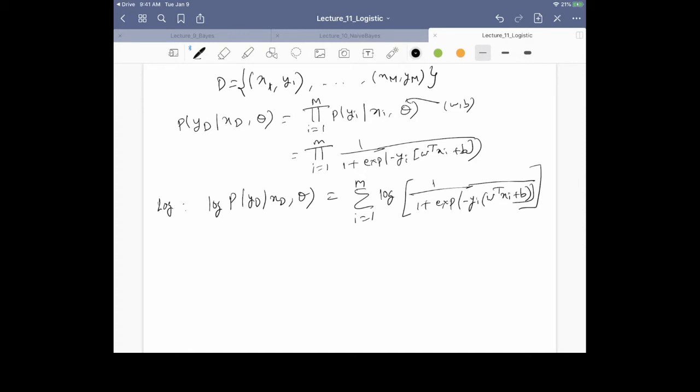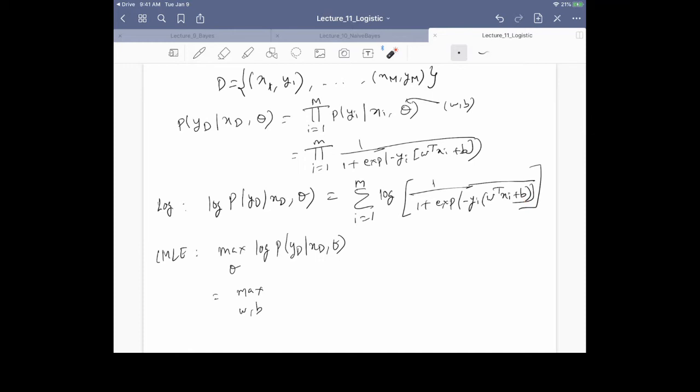And now we can look at the conditional maximum likelihood estimation problem as essentially trying to maximize the log of p of y given x comma theta over theta. And this becomes maximizing over w comma b this term, 1 over 1 plus exp raised to minus yi multiplied by w transpose xi plus b.